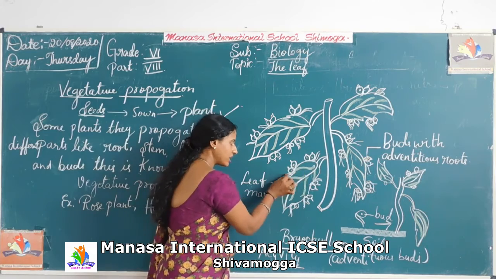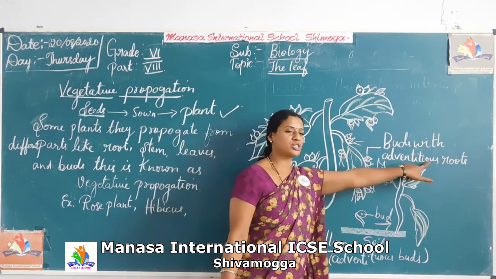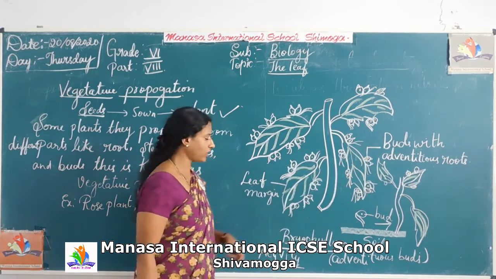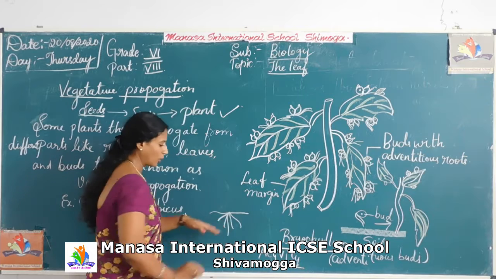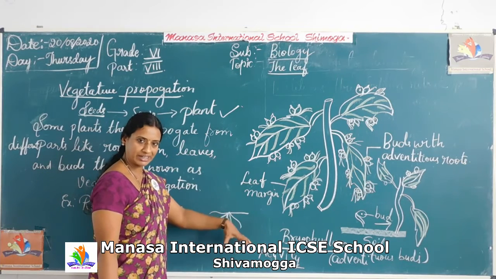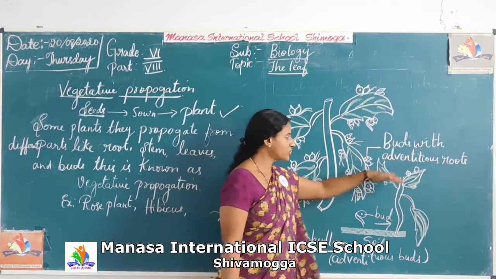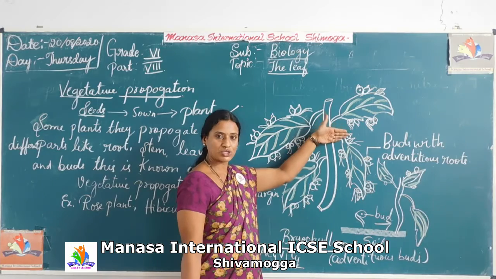Along with these leaf buds, there are adventitious roots. Normal roots go into the soil and collect all the mineral salts and water. But these adventitious roots are found on the aerial part, that is above the soil.